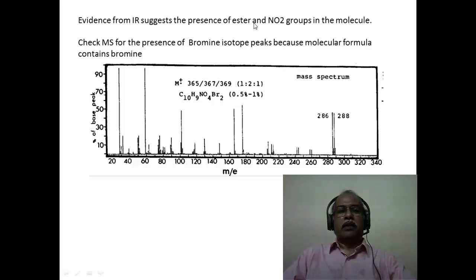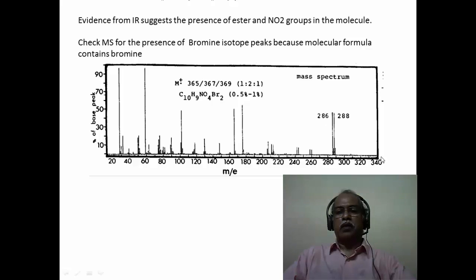Now although the molecular formula suggests that there are two bromines in the molecule, one can quickly check whether the mass spectrum also confirms the presence of bromine. The mass spectrum shows the 365, 367 and 369 peaks M by Z value corresponding to the molecular formula in 1:2:1 ratio with a very low intensity which is not visible in this particular spectrum.